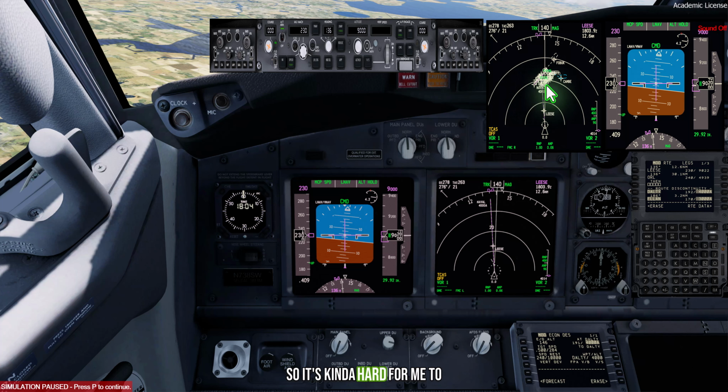So it's kind of hard for me to determine that, but I know something is loaded in there, and I can feel confident that not only have I seen the reverse highlight in the FMC, and I've seen it on my map, and then I can go ahead and execute the approach.